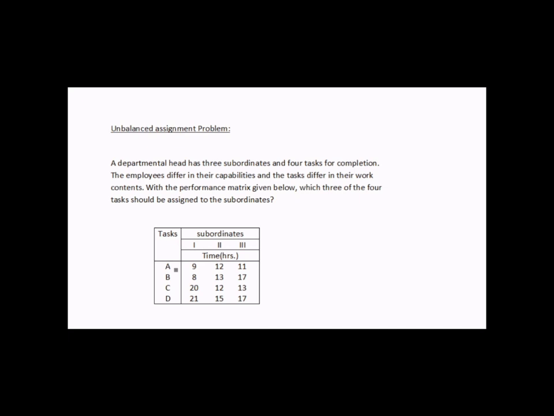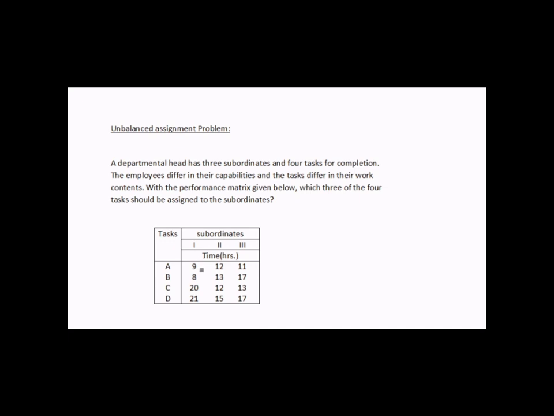And how do you minimize the overall cost? So here, as you can see in the matrix, A, B, C and D are the 4 tasks, and 1, 2 and 3 are the subordinates. You can see the time noted in the matrix.